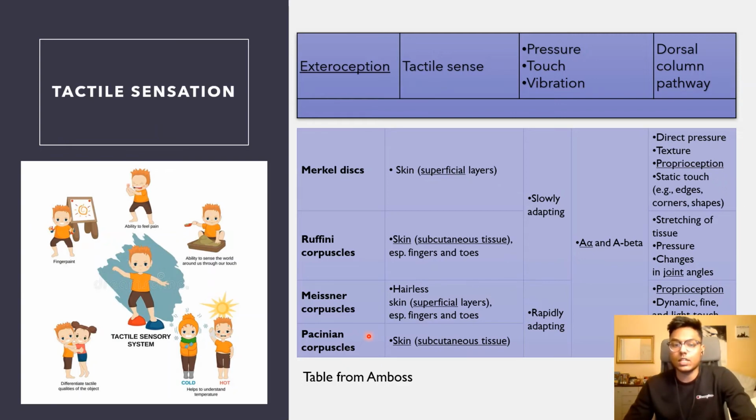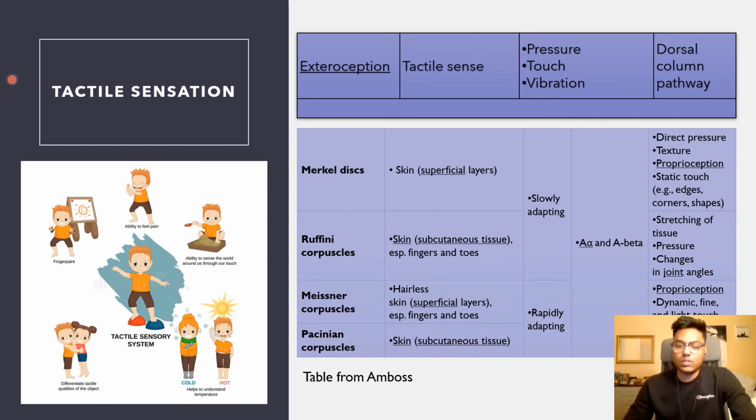For example, the Merkel discs are present in the superficial skin. The Ruffini corpuscles are present in the subcutaneous tissue, especially in the region of the fingers and toes. The Meissner corpuscles are also present in the superficial layers, whereas the Pacinian corpuscles are present in the subcutaneous tissue.